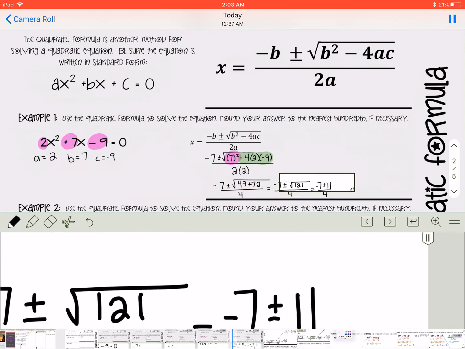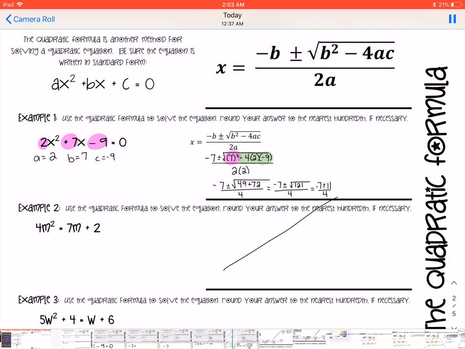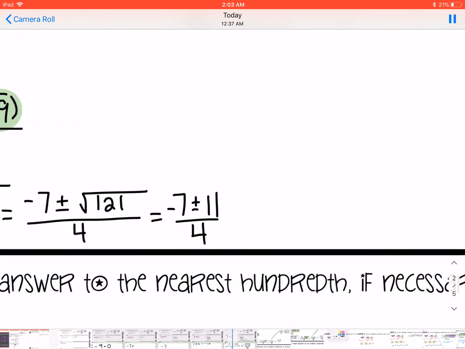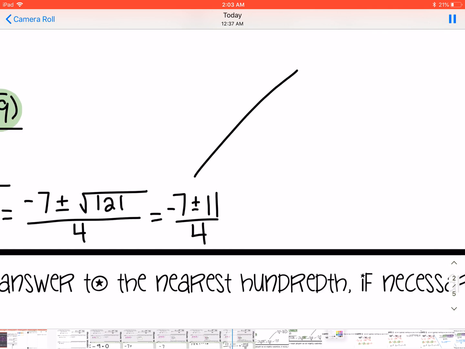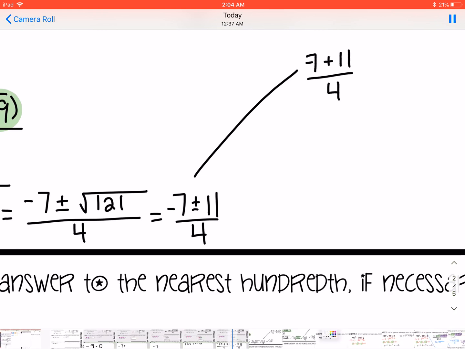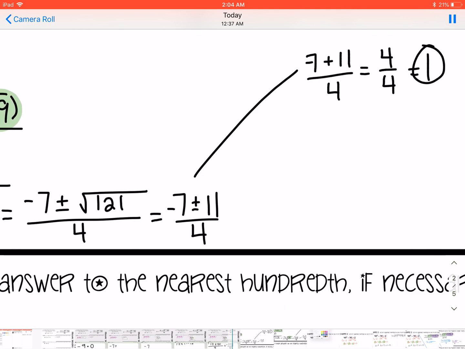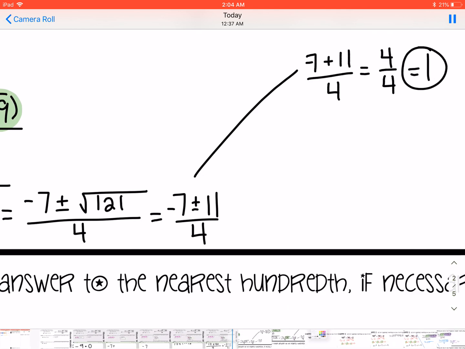So that's leaving me with 2 different problems to solve. I'm going to have to solve, okay, what happens when I have negative 7 plus 11 over 4? Well, that's the same as 4 over 4, which equals 1. So that's one of my answers, a positive 1.